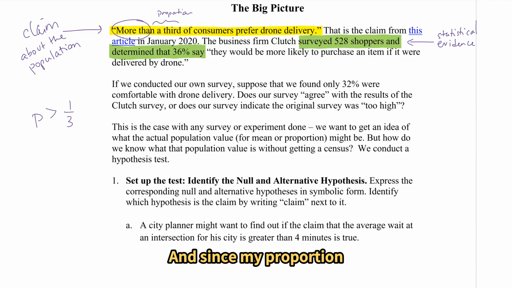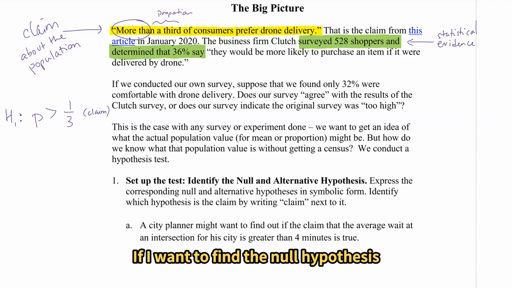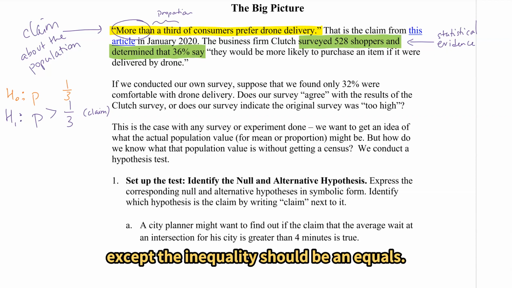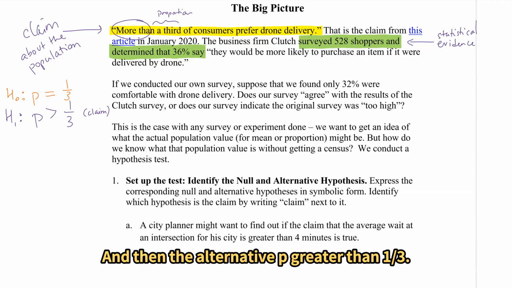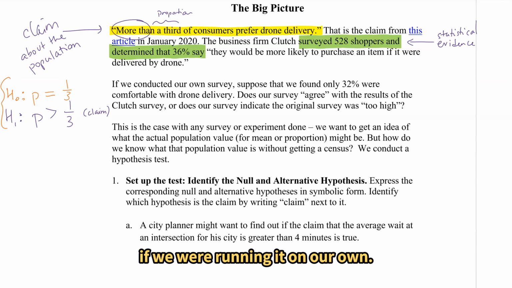And since my proportion is greater than and not equal to, this is an alternative hypothesis that we then would call our claim. If I want to find the null hypothesis that goes with this alternative, the null hypothesis is exactly the same symbols, except the inequality should be an equals. P equals 1/3, and then the alternative, P greater than 1/3.